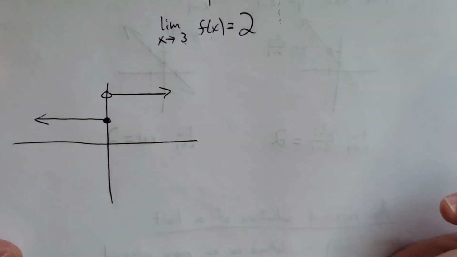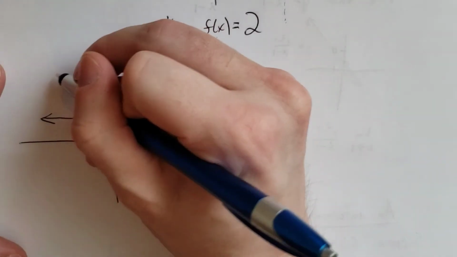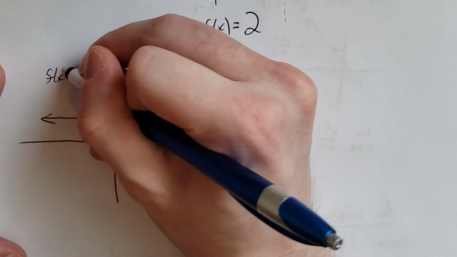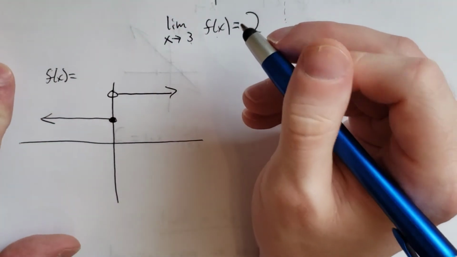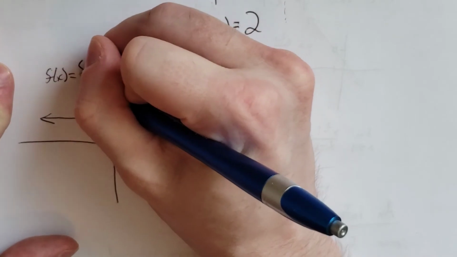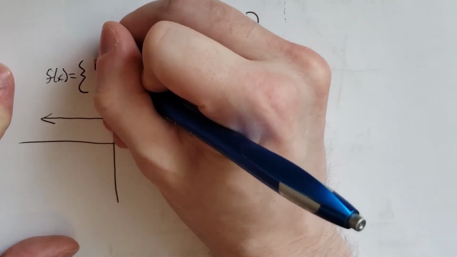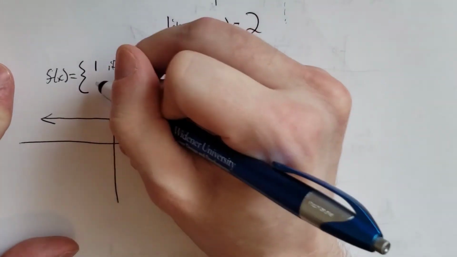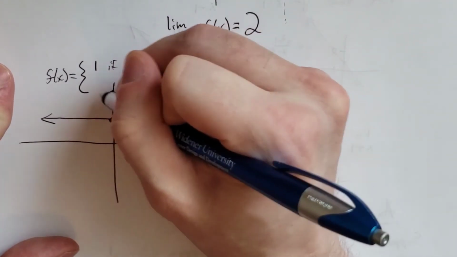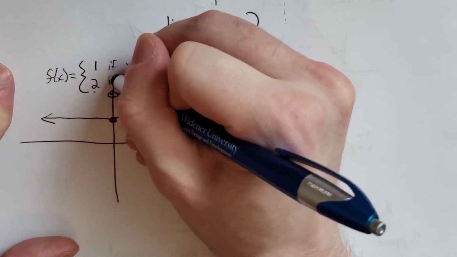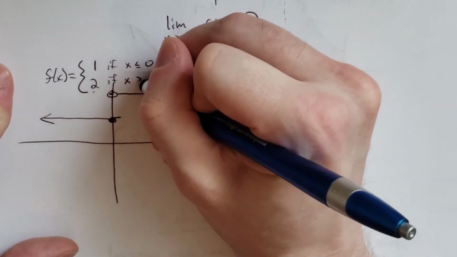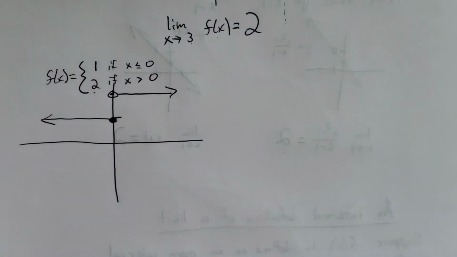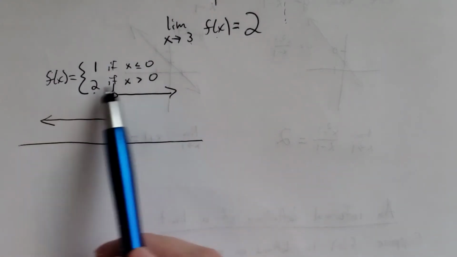And in particular, this piecewise function is f of x is equal to 1 if x is equal or less than 0, and 2 if x is greater than 0. And so this would be a graph of this piecewise function.